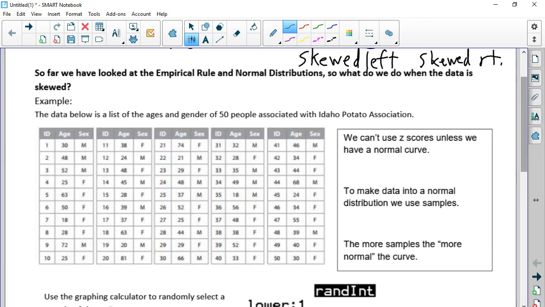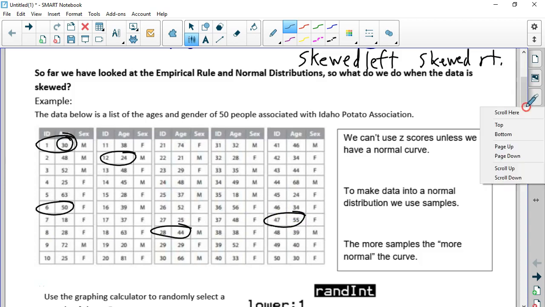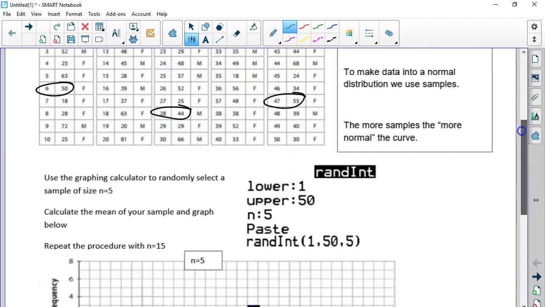I already did this, so I got person number 1, person number 6, person number 12, person number 28, and person number 47. That's what I got. If you ran this, you'd get a different 5 numbers. If I ran again, I'd get a different 5 numbers.